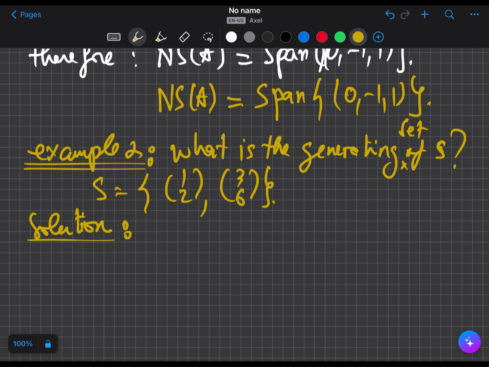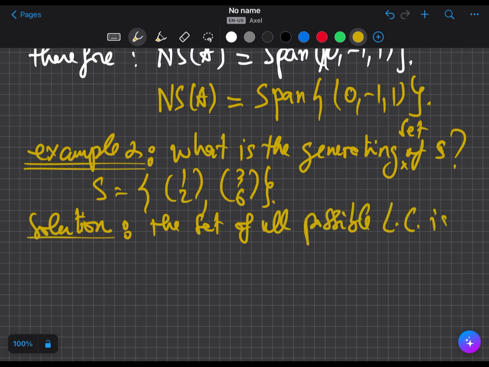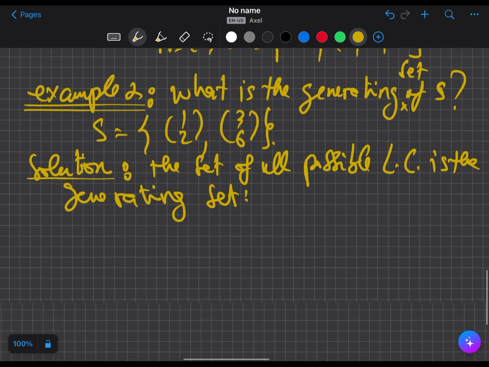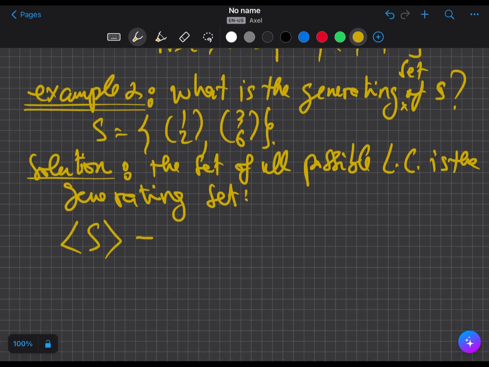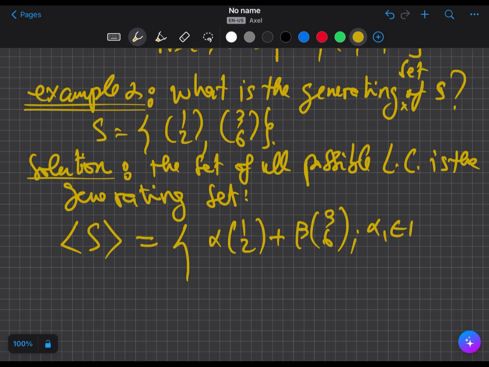The set of all possible linear combinations is the generating set. So the generating set will be alpha times (1, 2) plus beta times (3, 6), with alpha and beta elements of R.